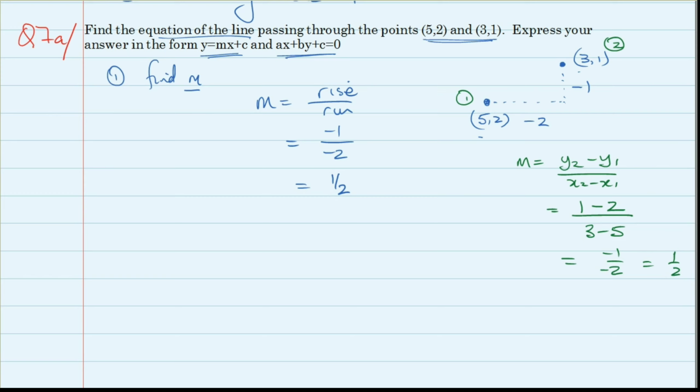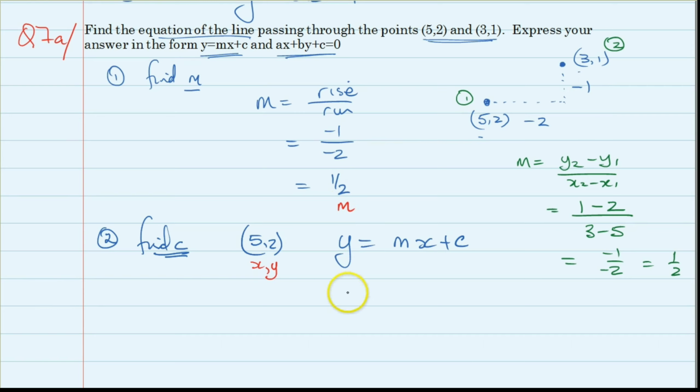So step 2, we need to find c, and we can pick either one of these points. Let me pick the point 5, 2, and we know that y is equal to mx plus c. This is our point x and y, and this is our m here.